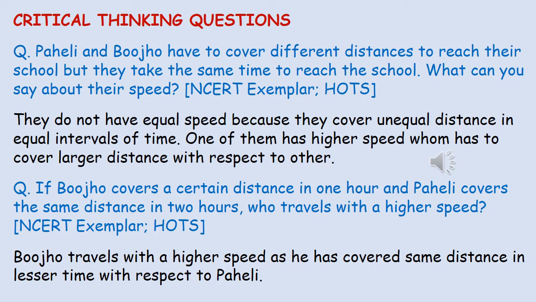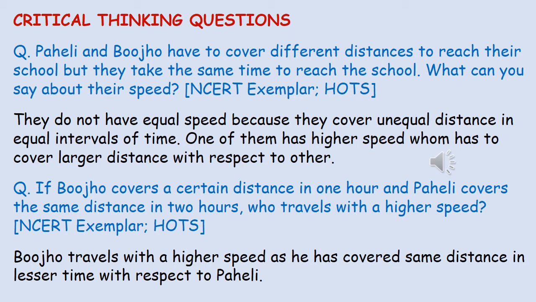Second question: if Bojo covers a certain distance in 1 hour and Paheli covers the same distance in 2 hours, who travels with a higher speed? In the previous question, note that the distance was different, and in the second question, the distance traveled remained the same, but the time was different.